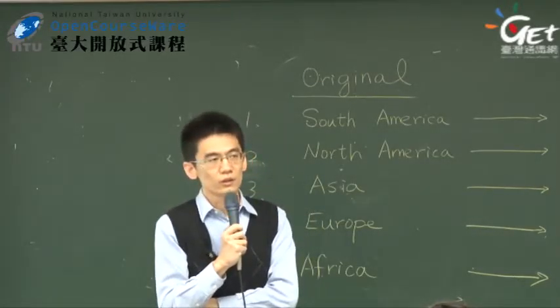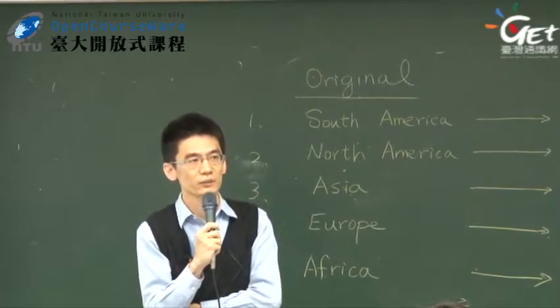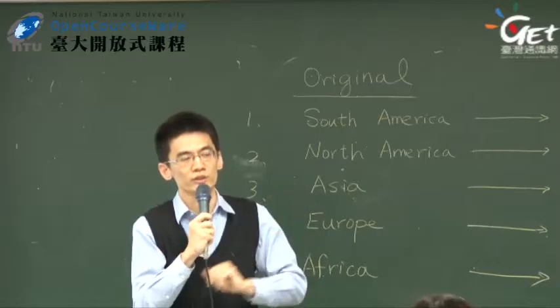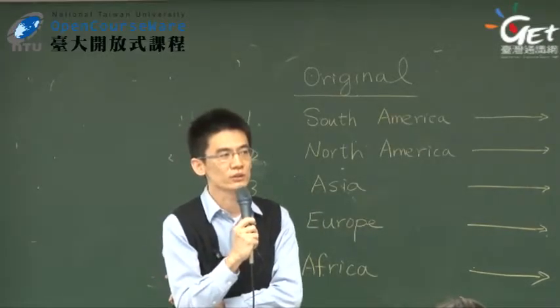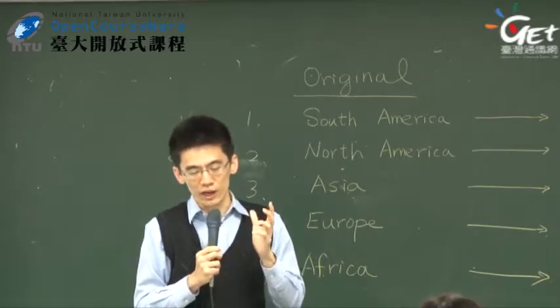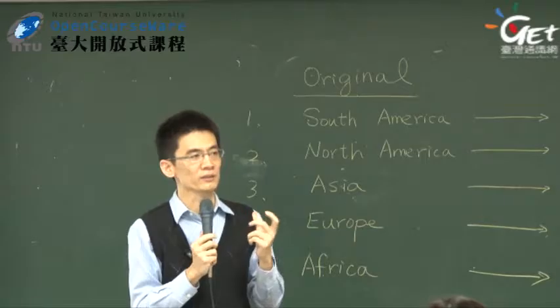Remember we talked about the MDG, the Millennium Development Goals, in the first class. There are 8 goals that the United Nations wants to achieve by 2015. Reducing child mortality is one major goal among these 8.